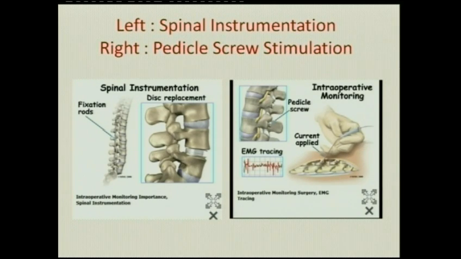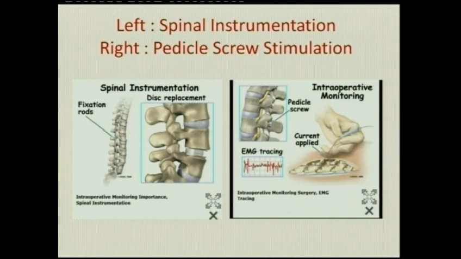On the left-hand side you have the instrumentation. Mostly you do fixation with rods and disc replacement, and also pedicle screw insertion. The pedicle screw is inserted through the pedicles into the vertebral body, but nearby you have the nerve roots.